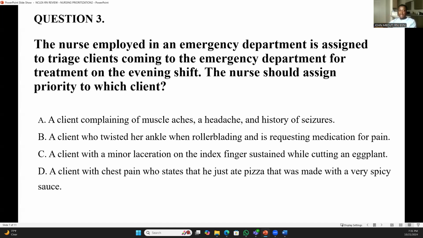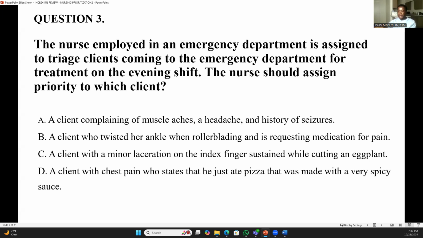A says a client complaining of muscle aches, headache, and history of seizure, right? B is a client who twisted her ankle when roller blading and is requesting medication for pain.